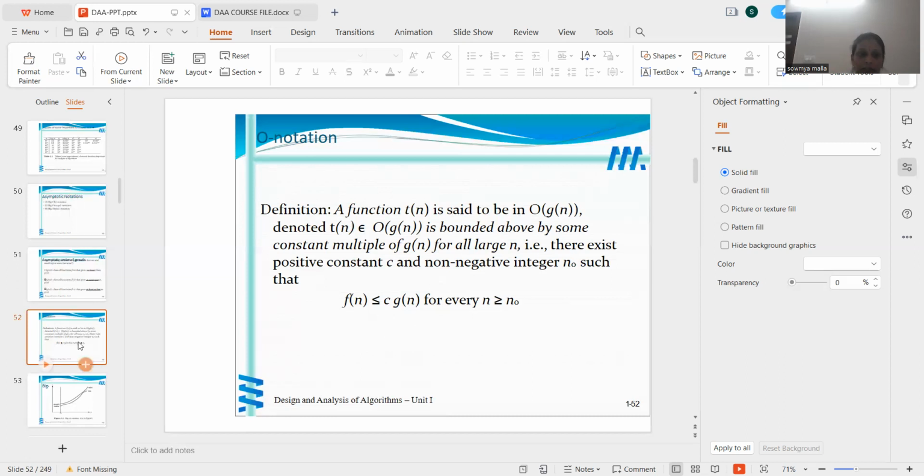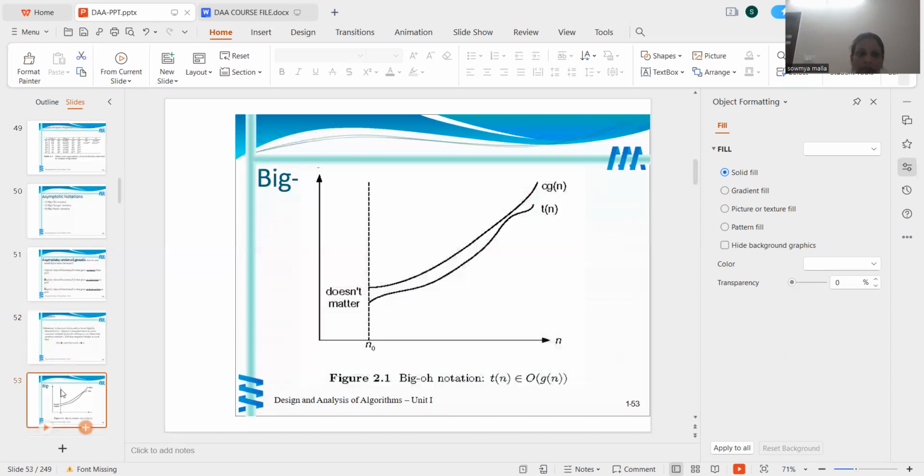This is the graphical representation of big O notation. In this, n naught, n means the number of elements, and t represents the time period.